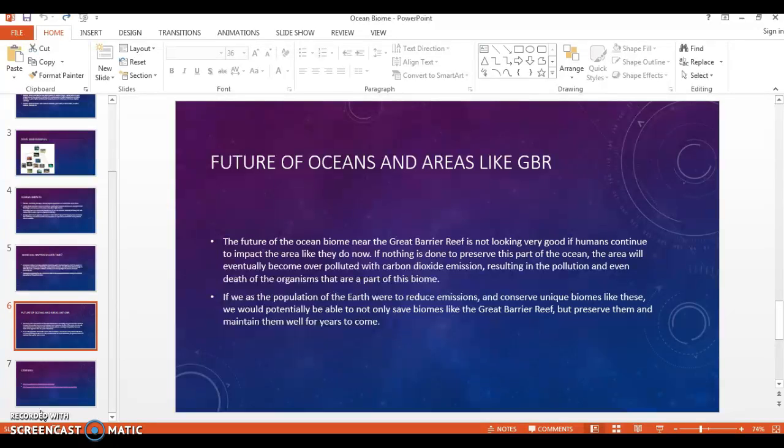But if the population of the Earth were to reduce all of this and conserve unique biomes like the Great Barrier Reef and like the ocean, we could potentially bounce back from these errors and these mistakes and ultimately preserve these areas and make sure they last for years to come.